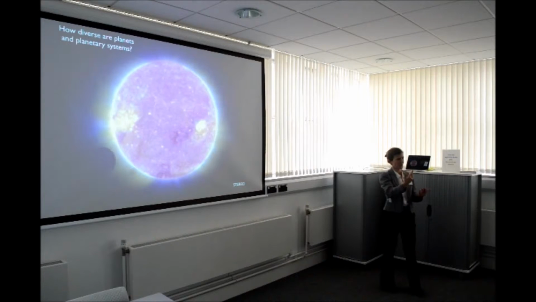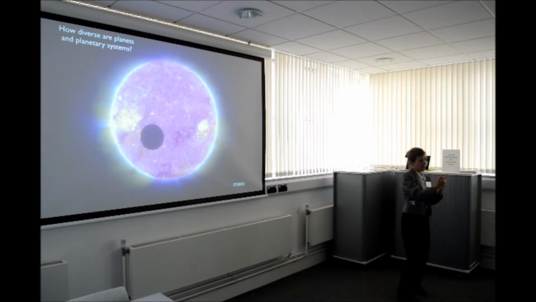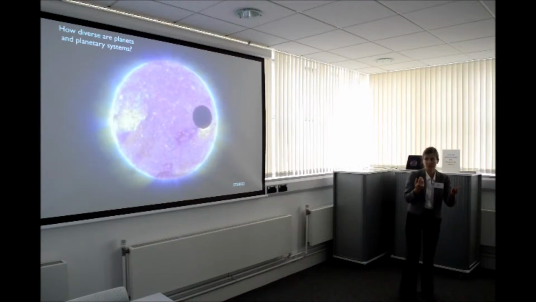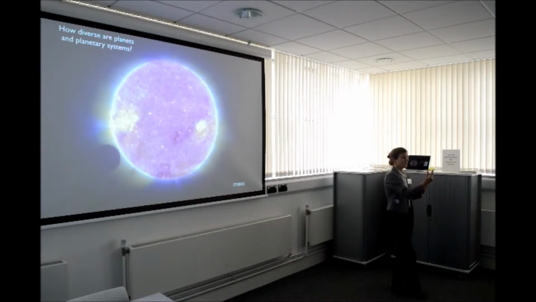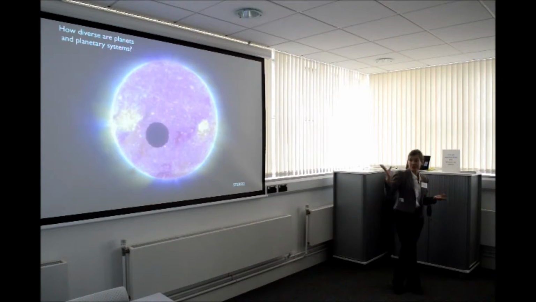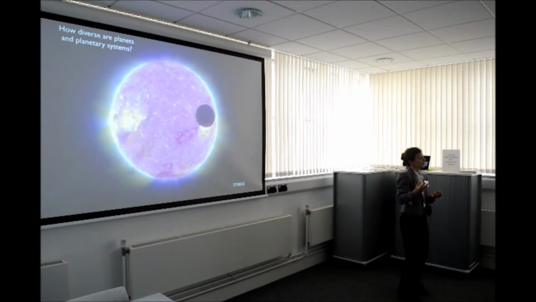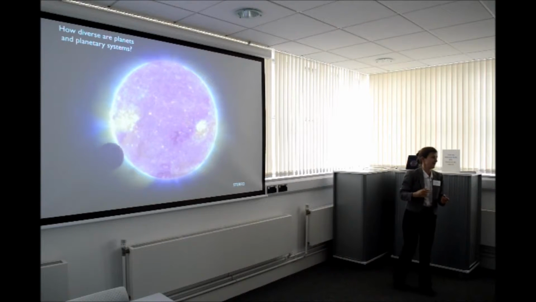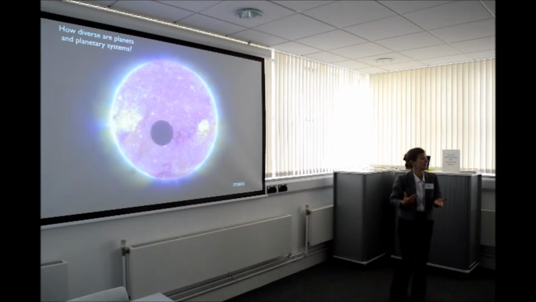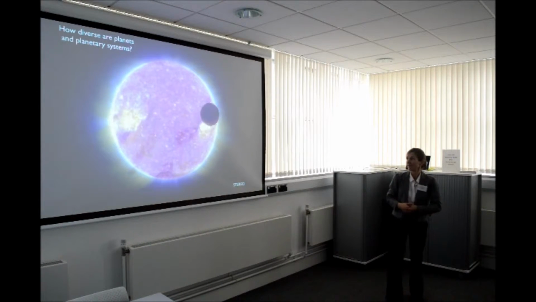That's useful because that contains information about how far away the planet is from its parent star, how massive the planet is. And also you have information on how big the planet is from the amount of light that has dimmed. That tells you the area of the planet compared to the area of the star.